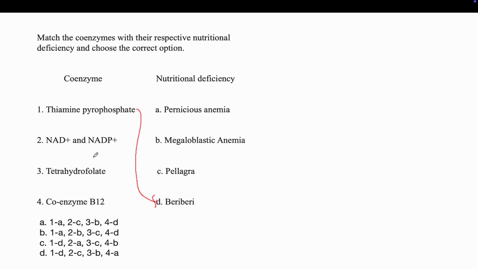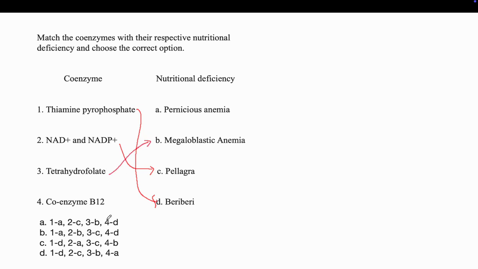Similarly, NAD plus and NADP, nicotinamide adenine dinucleotide, can lead to pellagra. And tetrahydrofolate is also a folic acid vitamin, and its deficiency can lead to megaloblastic anemia.